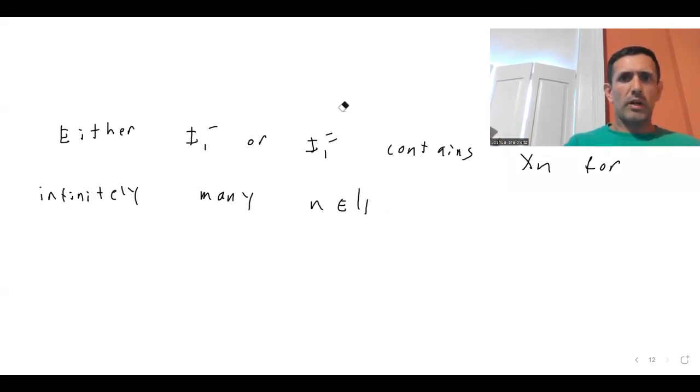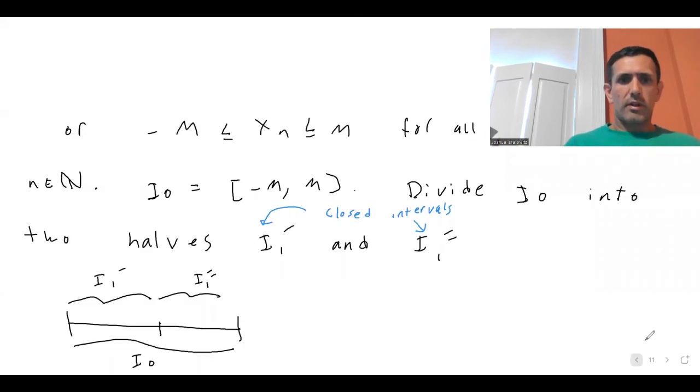I have a sequence. The entire sequence is contained in I_0. So either one of these two halves has to contain x_n for infinitely many n. Otherwise, I_0 only contains x_n for finitely many n, which is absurd. x_n is bounded.